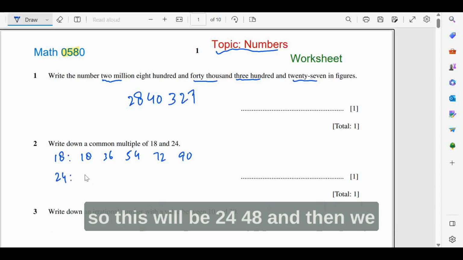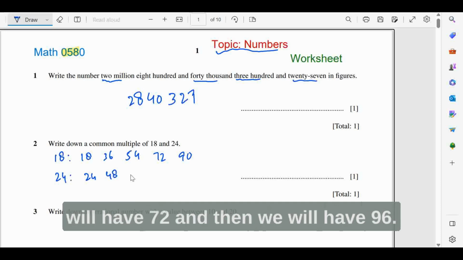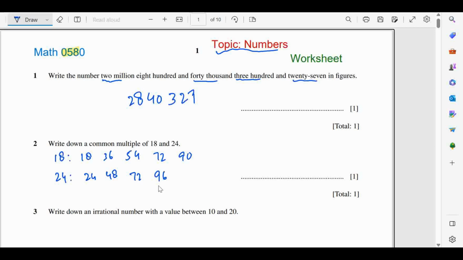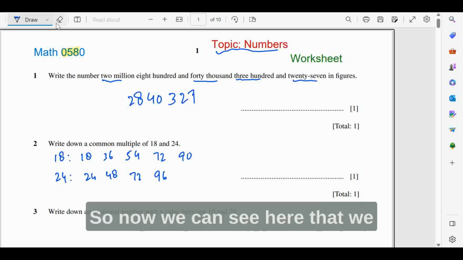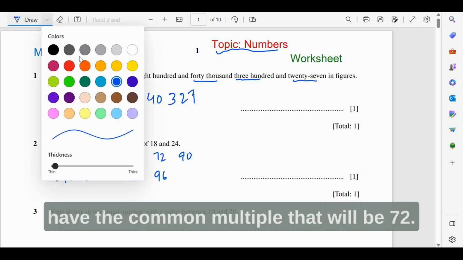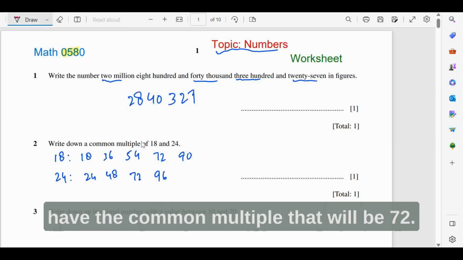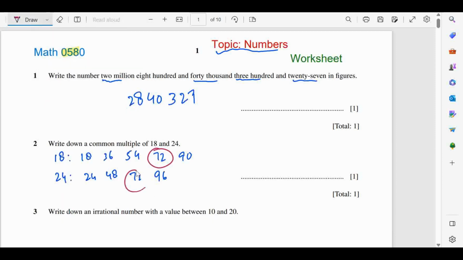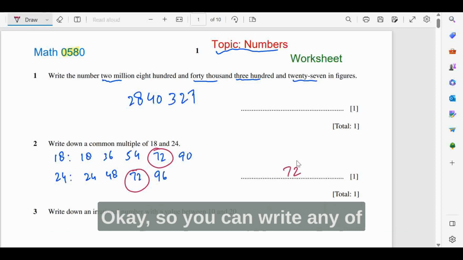So this will be 24, 48, and then we will have 72, and then 96. Now we can see here that the common multiple will be 72.